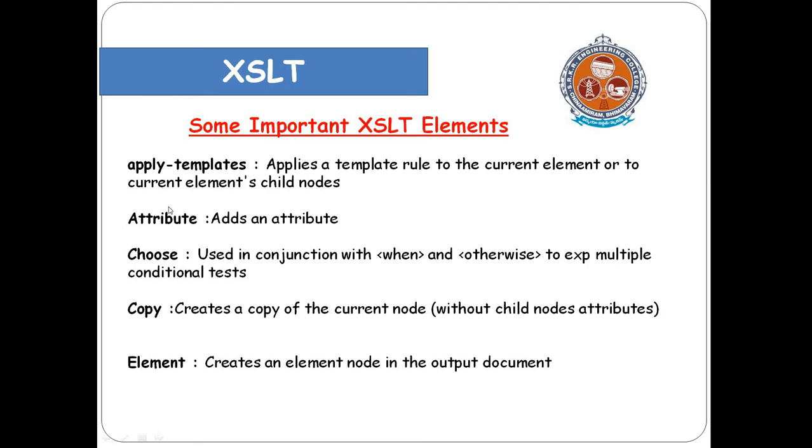If you want to add an attribute, the attribute element is used, and also choose, copy and select. So I request all of you to practice all these elements and transform an XML document into an XHTML document.